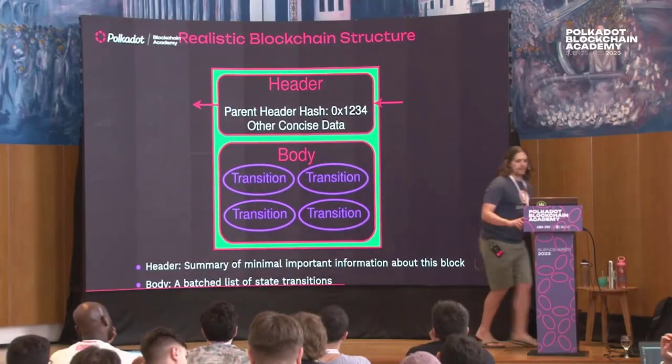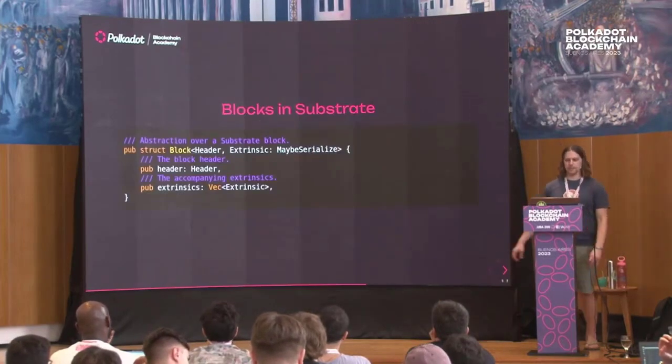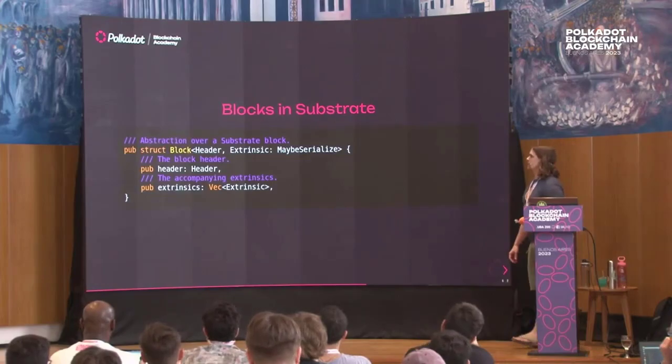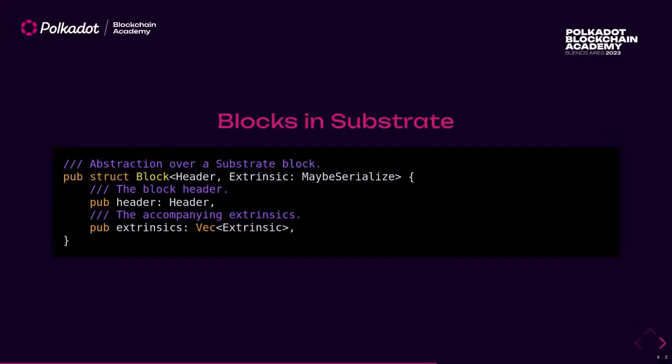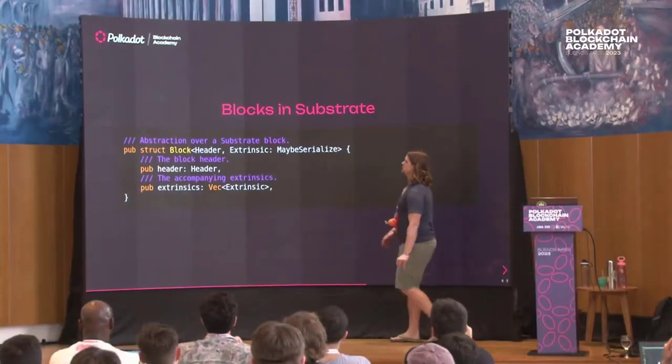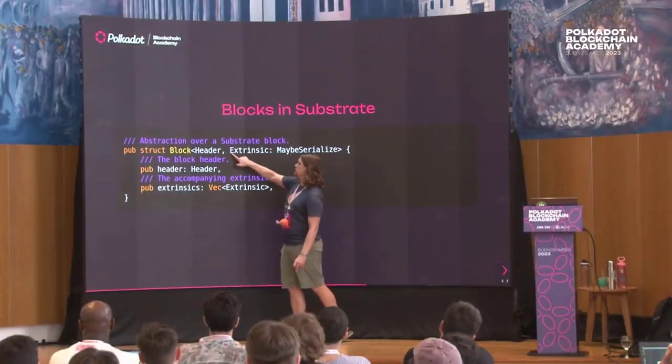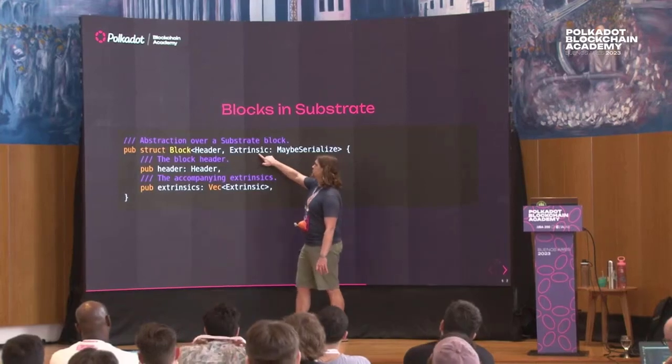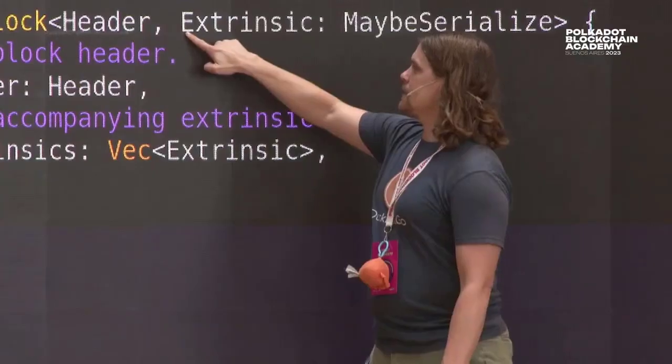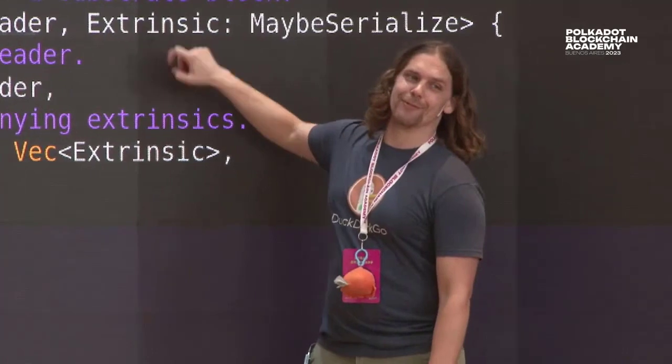So let's see, where do we go next? Yeah, so a little bit of code. This is what blocks look like in Substrate. So just a quick reminder, this is not the Substrate module. This is just to show you a typical way to build a block. It's basically a struct. It's generic over a couple of things. The most important one is extrinsic. So this is another synonym for transaction or state transition.